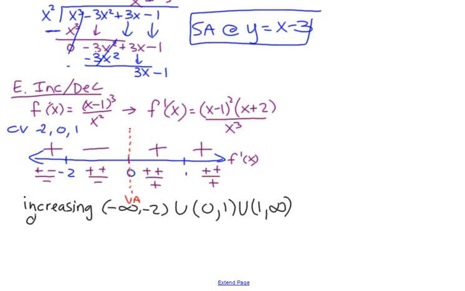And then decreasing, negative 2 to 0. Because this is neither positive nor negative, it's 0. How do we know? Because it's a critical value.